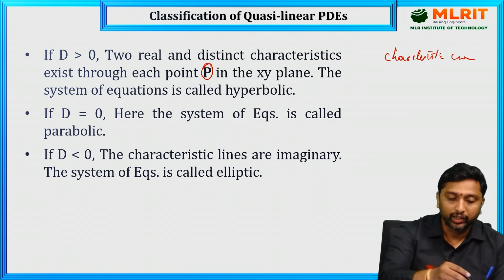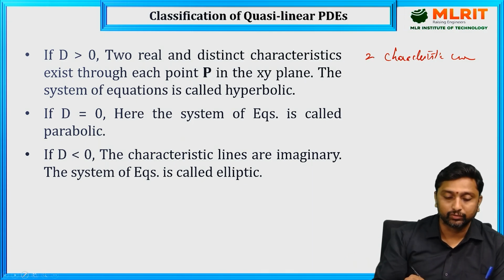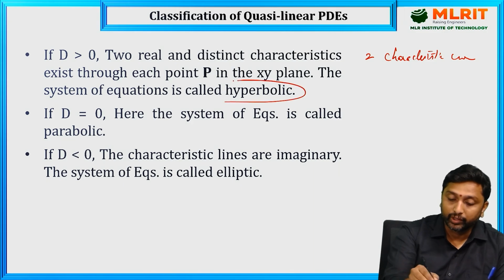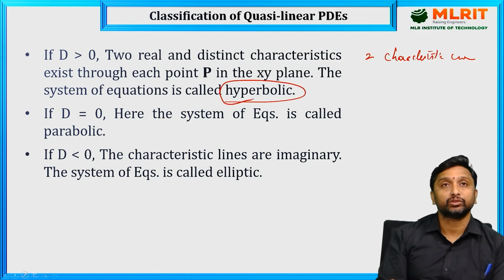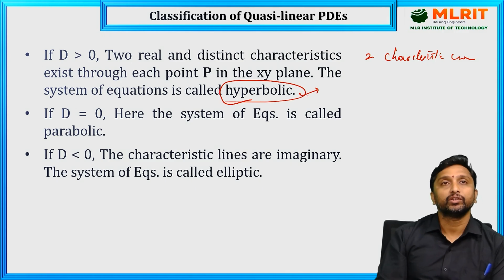If it has two roots, that means two characteristic curves, and such kind of flow or system of equations we call hyperbolic equations.